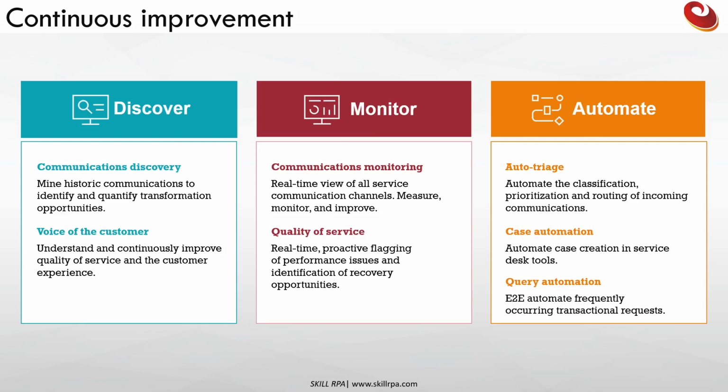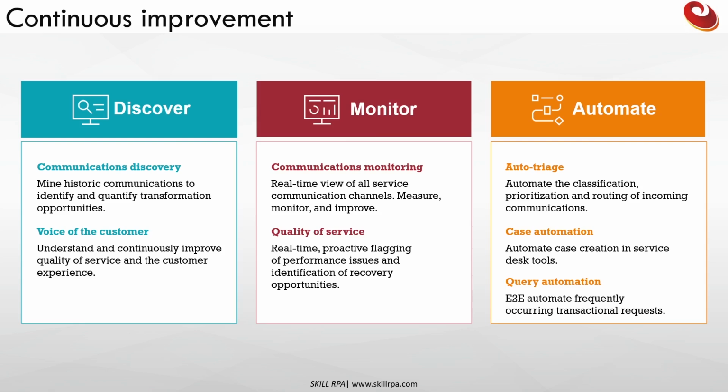There is continuous improvement which we can perform as part of our process with the help of Communications Mining. It can mine the historical communications, and also understand what can be improved in terms of your service. Not only specific to the service, it can even suggest what can be automated as well.